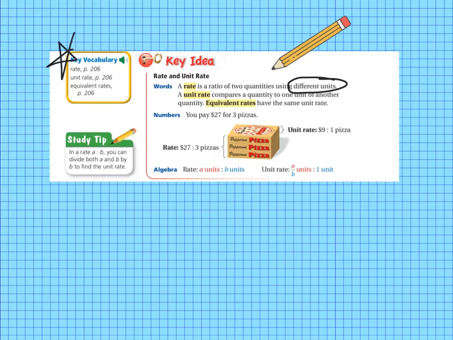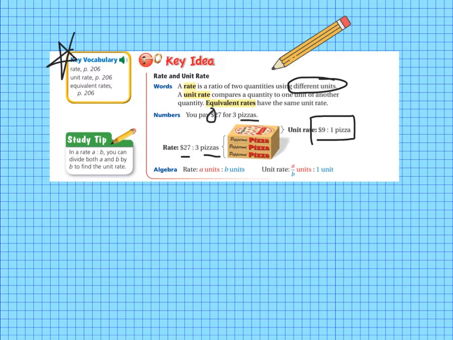You pay $27 for 3 pizzas. So the different units here are dollars and pizzas. So the rate is $27 to 3 pizzas. And the unit rate is $9 to 1 pizza.